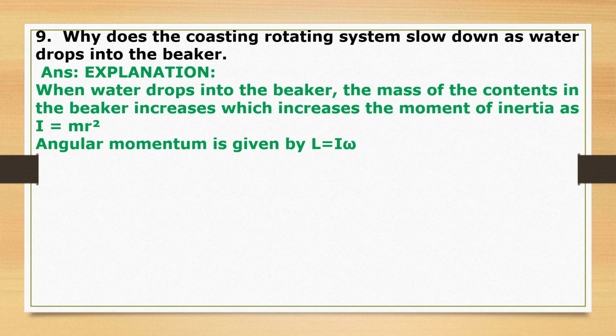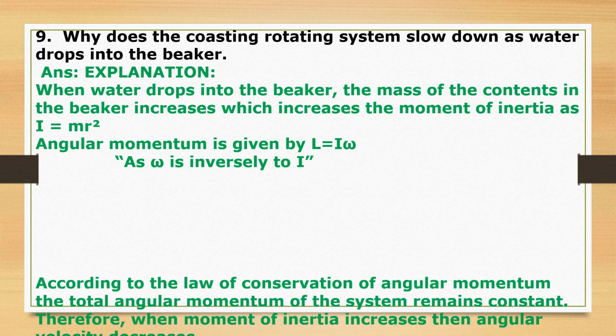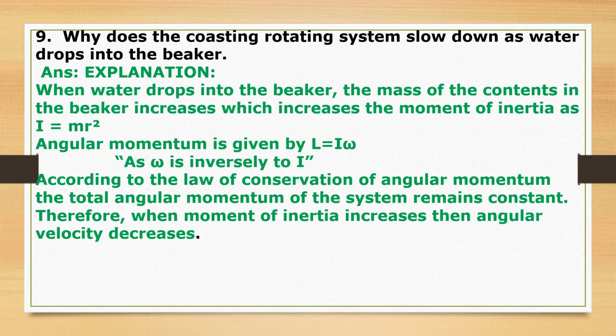Angular momentum is given by L is equals to I omega. As omega is inversely proportional to I, in order to keep the angular momentum conserved, according to the law of conservation of angular momentum, the total angular momentum of the system remains constant. Therefore, when moment of inertia increases, then angular velocity decreases.